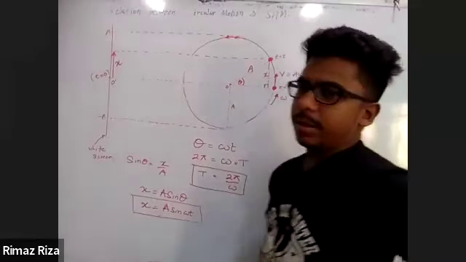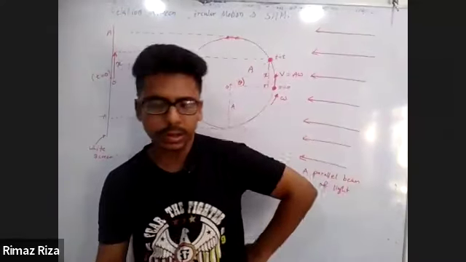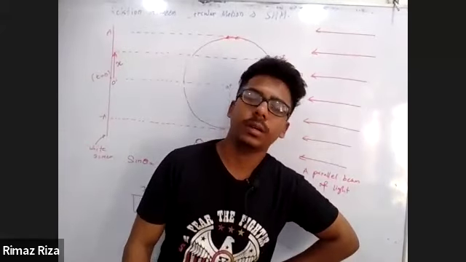The amplitude of a particle in simple harmonic motion is 1 meter.